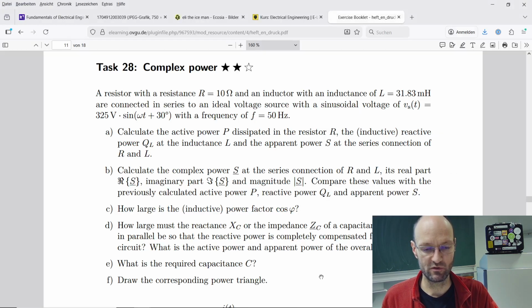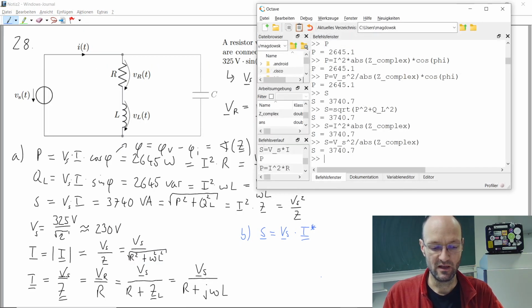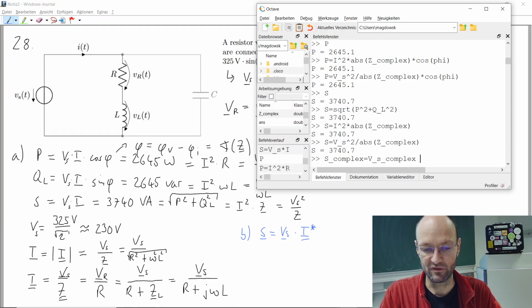So we go back to Octave, and now I calculate S complex. This is the complex source voltage multiplied with the complex current. And how can we get the complex conjugate of the current? Negative angle. Yeah, negative angle.